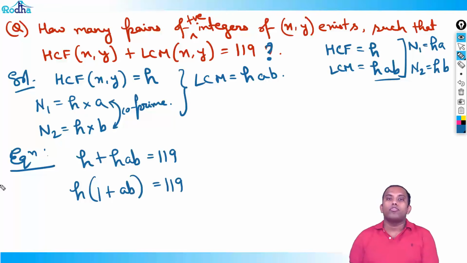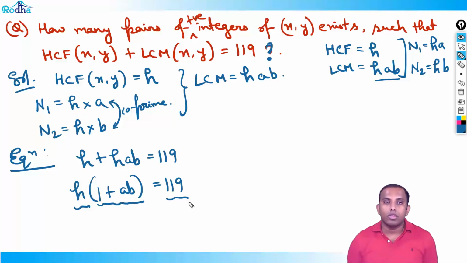It's a very beautiful equation because 119 is here expressed as a product of two numbers. One number is h, and the other number is 1 plus ab. Now you have to find the solution for this: h into 1 plus ab equal to 119.